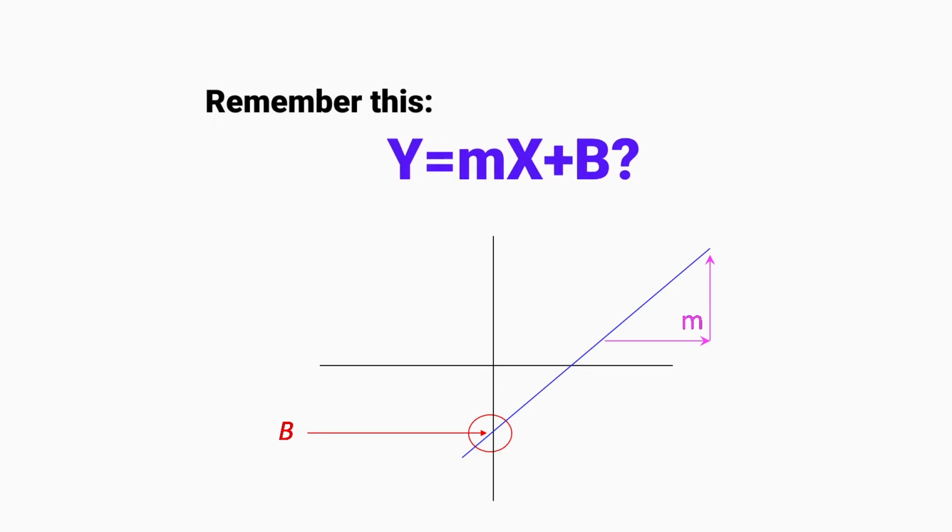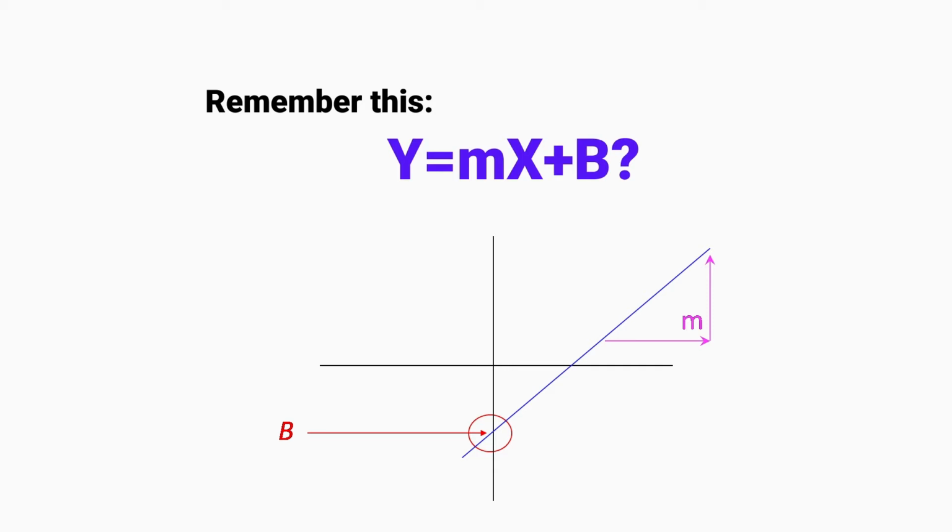So what is linear? Remember this: y equals mx plus b. If we are going to plot this on an x-axis and y-axis, we have a horizontal line and a vertical line. The vertical line would be considered y and the horizontal line would be considered x. Then we plot this, and that is where m comes in.